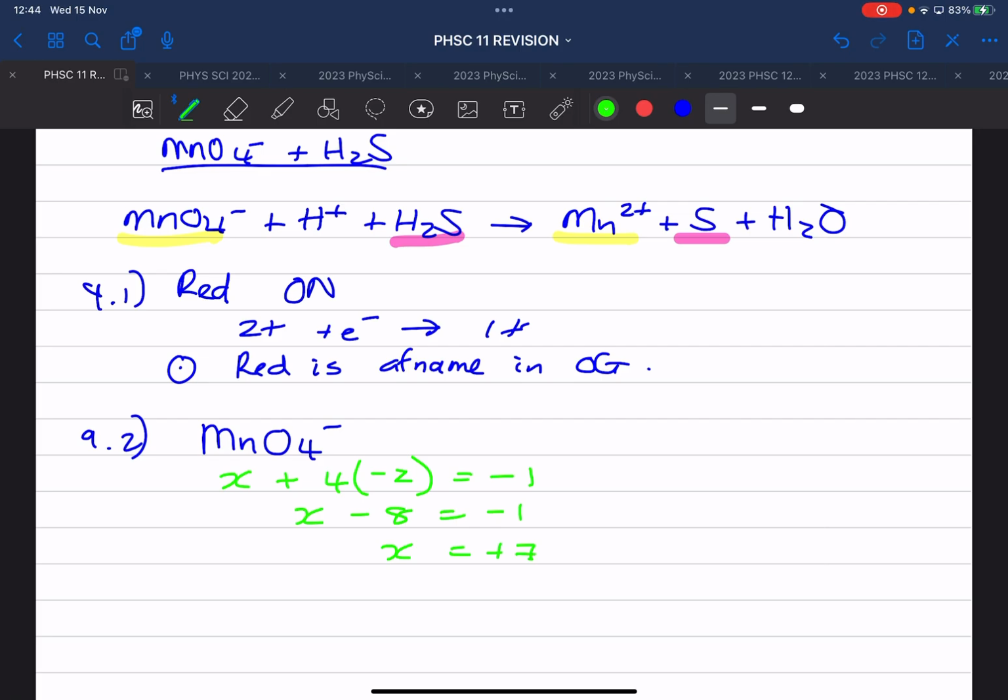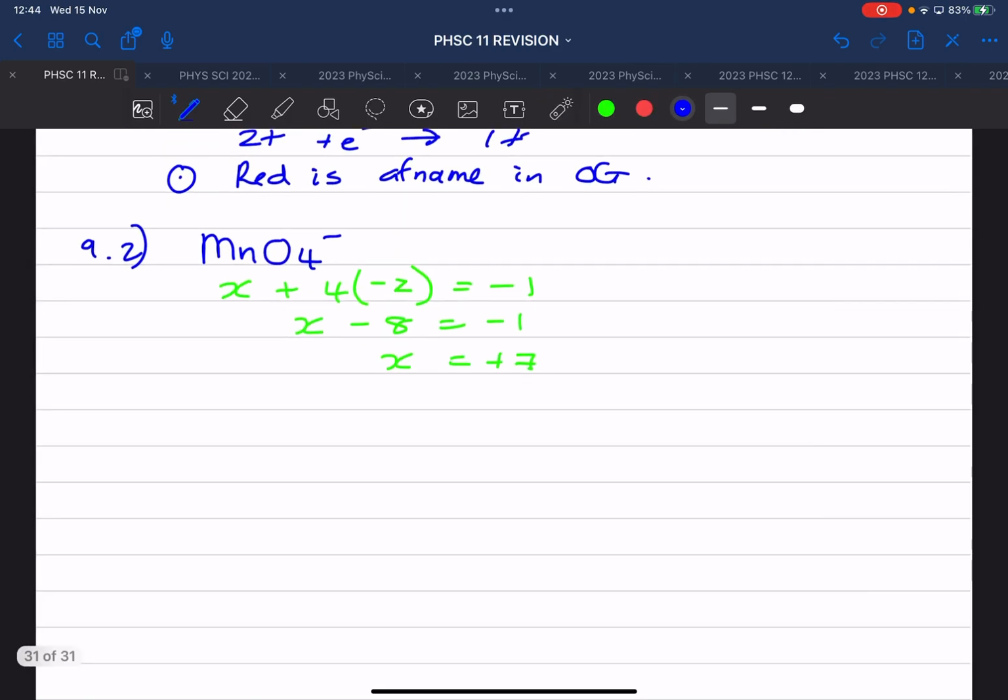Very important, you can't just say 7, there must be a plus 7. You do not need to show all these steps. You can just write plus 7. That counts 1 mark.